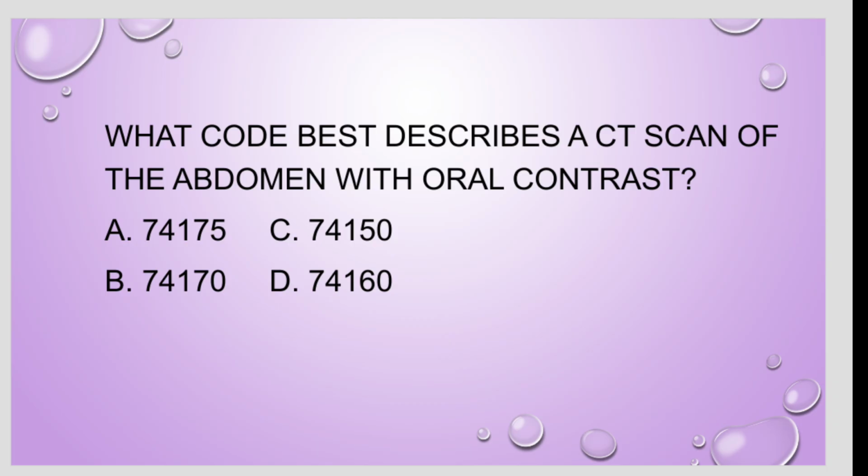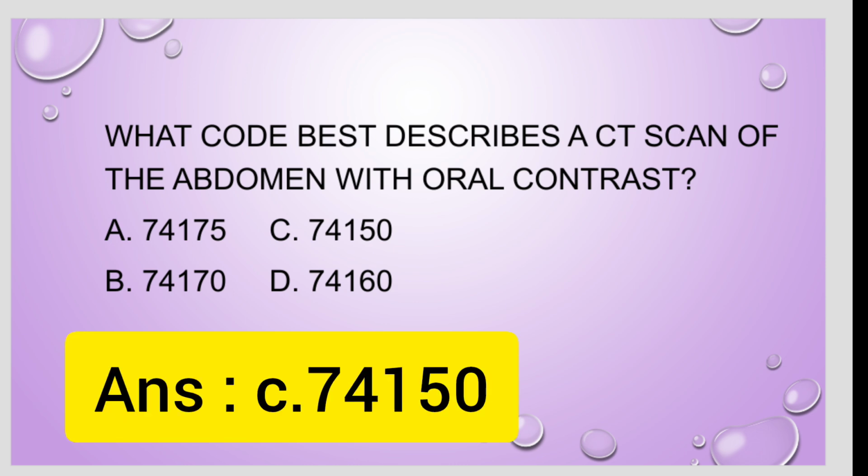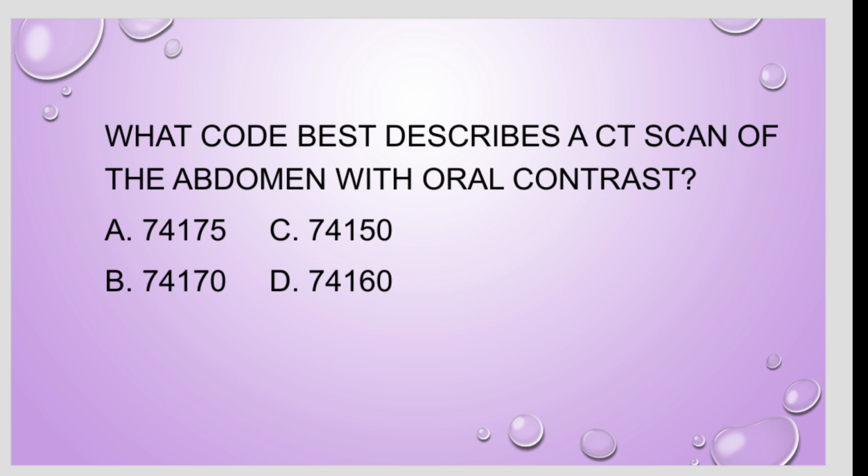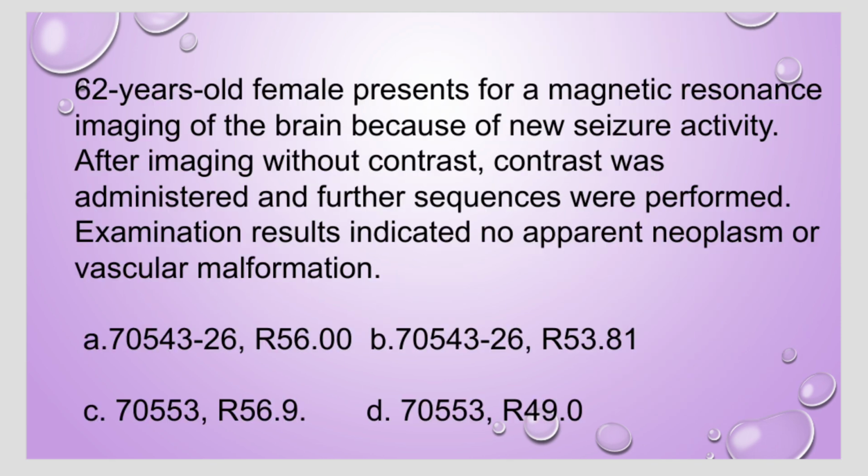So we have to pick the code for CT scan of abdomen without contrast, right? So the correct option is 74150.